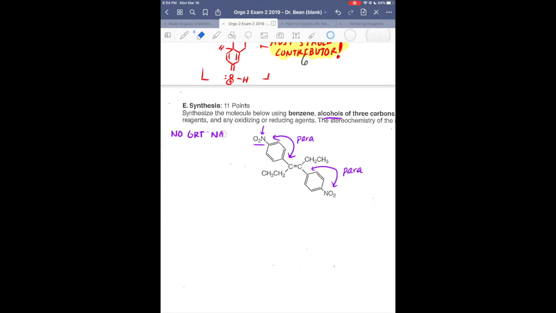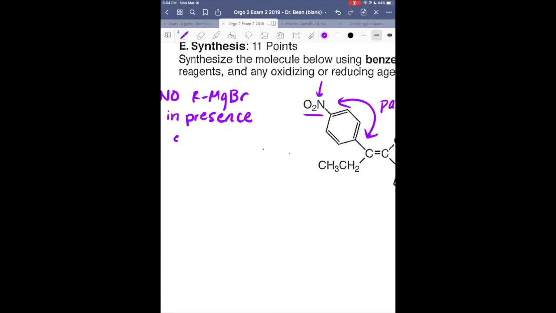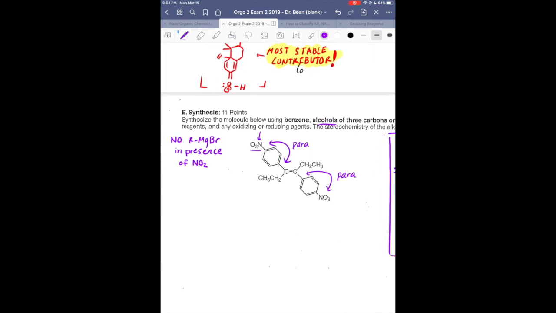For some reason I feel like it looks like I'm spelling Grignard wrong, but I don't know if I am or not, so just in case, I'll put this. Okay, so no Grignard reagent in the presence of a nitro. It's going to react, it's going to ruin your Grignard. You're not going to get the designated product that you want to get.